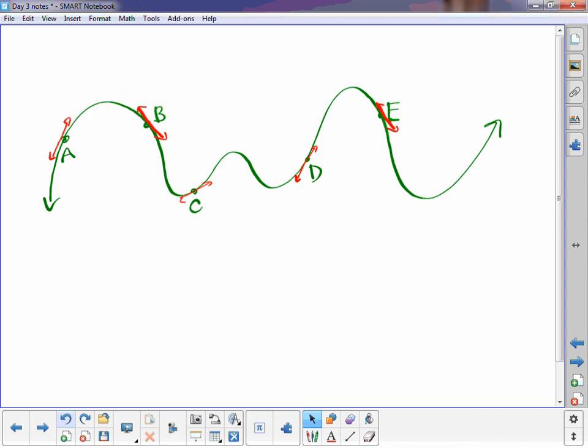Okay, so let's take a look at each of these. At point A, is my tangent line going to give me an overestimation or an underestimation? So anything on my tangent line, is that going to be higher than the actual or lower? Higher.